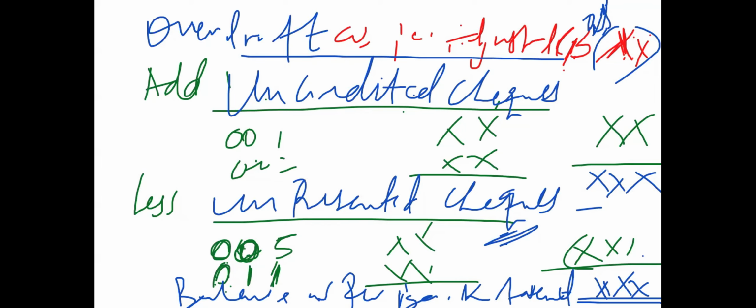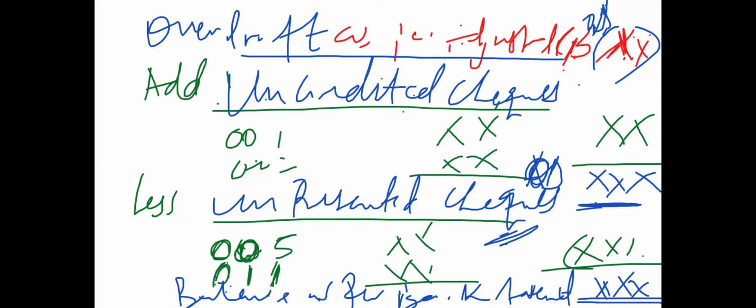Now, what will happen to this downside? The balance here. The balance, of course, after adding the uncredited checks, then you less off unpresented checks, you'll be able to get that balance, whatever balance that you will get. It may be an overdraft, or it can be a negative or a positive figure. So once you add this, even this side may actually be an OD, overdraft. It can be a negative or a positive.